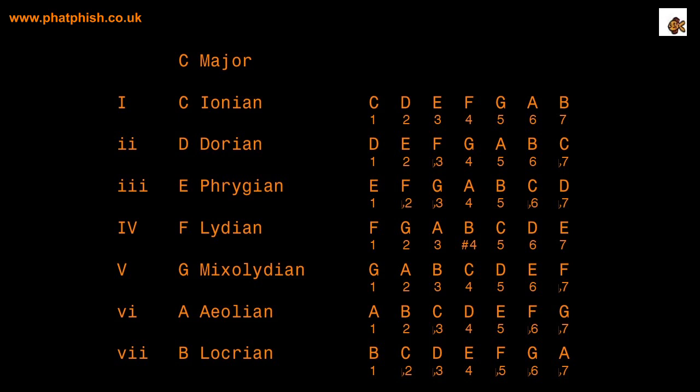The first mode is the Ionian mode, C Ionian, the same formula as the major scale, but we call it Ionian when we're thinking about it as a mode. Then on the second degree we've got D Dorian, third degree E Phrygian, then the Lydian, Mixolydian, Aeolian and Locrian modes as we move through the scale.